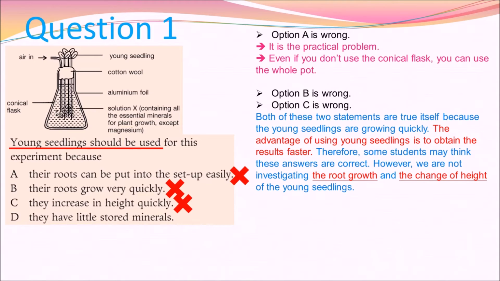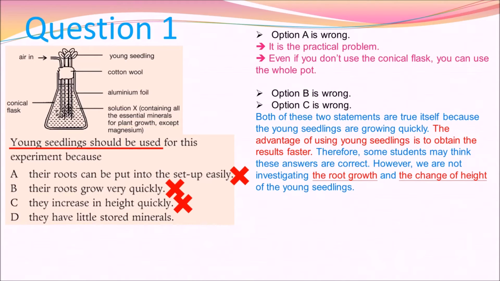Now remember, in chapter 5 we talked about why the teenagers and babies need a lot of protein, because they are growing rapidly, right? So for young seedlings or young mouse, young baby, they grow quickly.